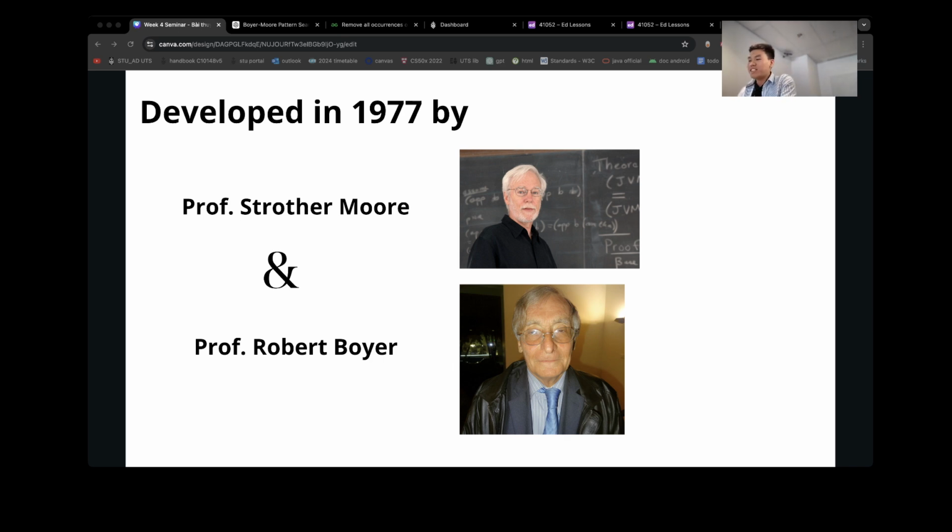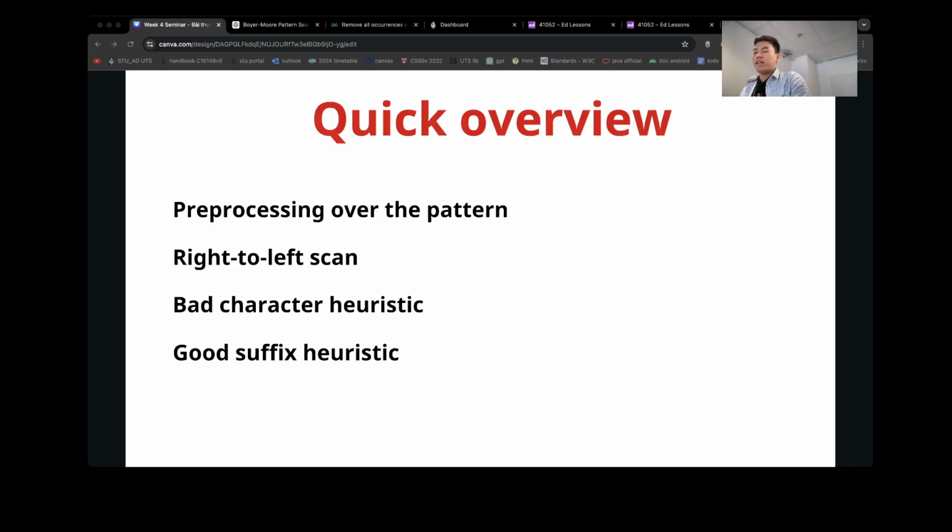Okay, so just a quick overview. Last week we covered the Z algorithm in string pattern matching, and the key idea of the algorithm is that we do pre-processing over the pattern. That is very useful later when we deal with the text. The same idea applies to the Boyer-Moore algorithm. We need to do pre-processing over the pattern, but in contrast to the naive algorithm and the Z algorithm, we do a backward scan.